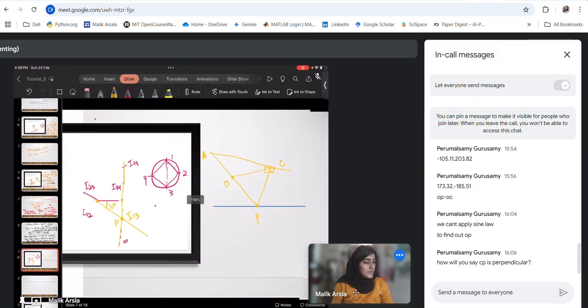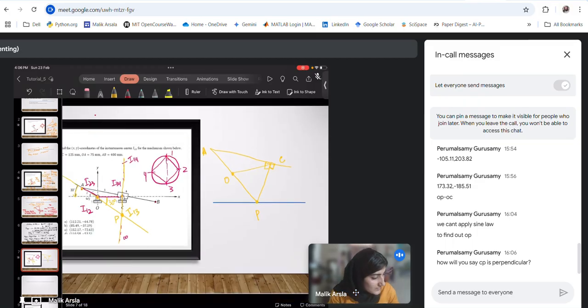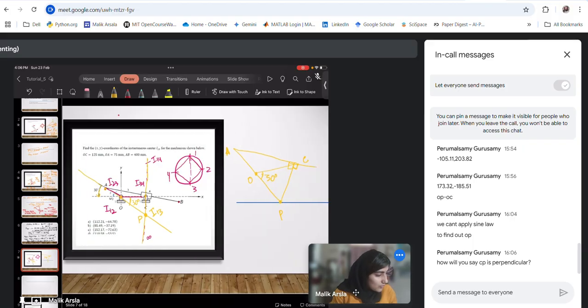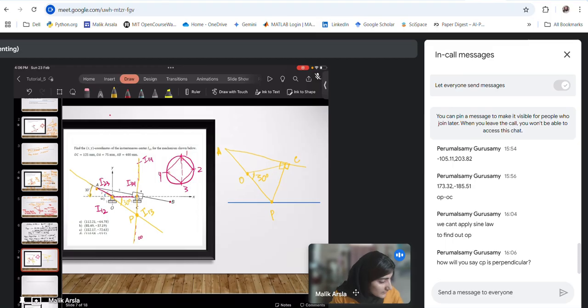So this angle is 30 degrees, which has been given to you. And what is given here? Length OC is given, this is 125. Length AB is not given, but OA is given as 75.